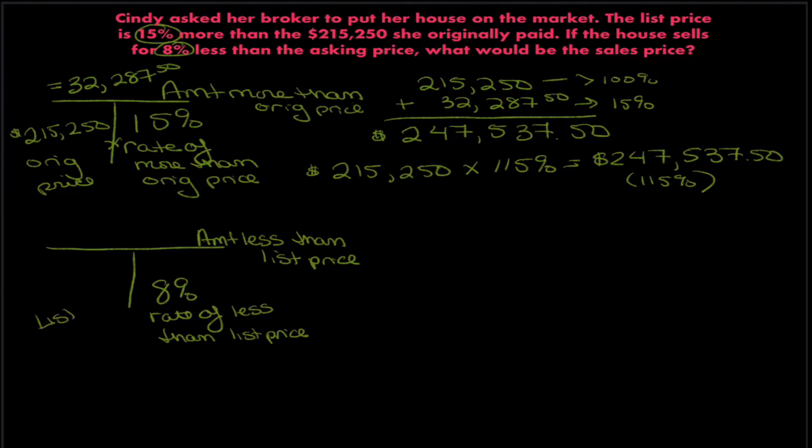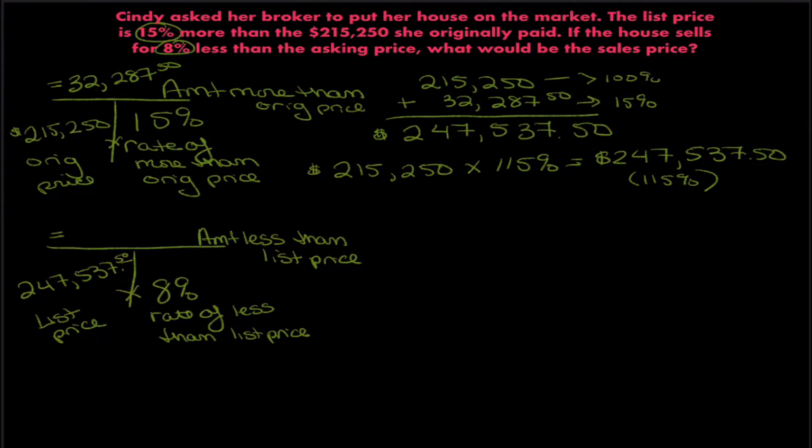Well, lucky for us, we just found the list price, which was $247,537.50. So when we multiply, we find out that it sold for $19,803. So we know, even though the house was on the market for $247,537.50, that seller, Cindy, did not get $19,000.